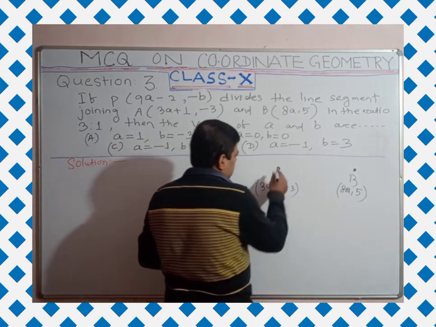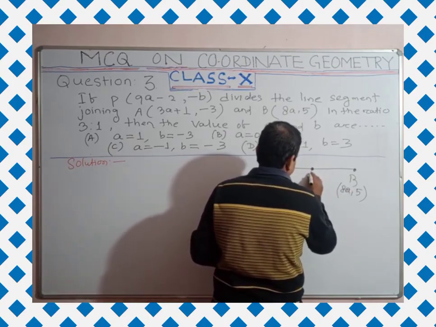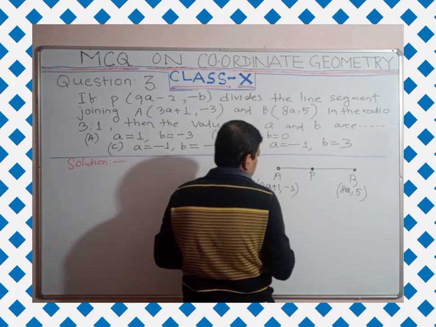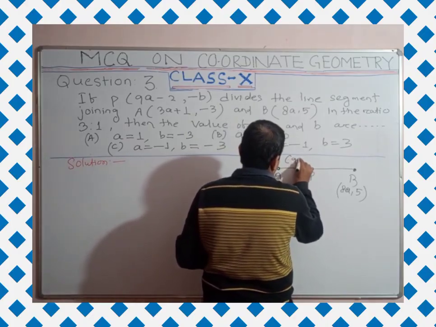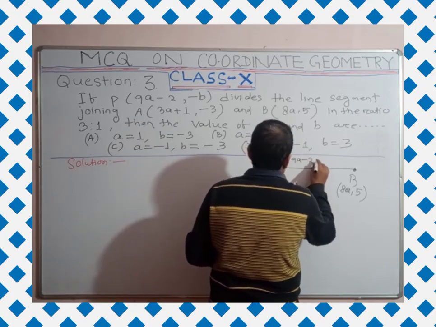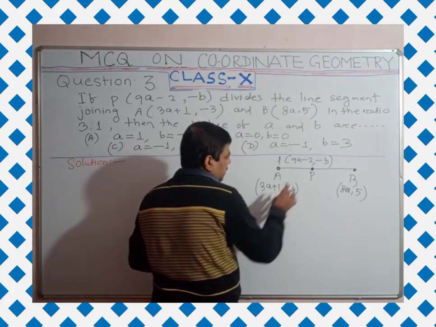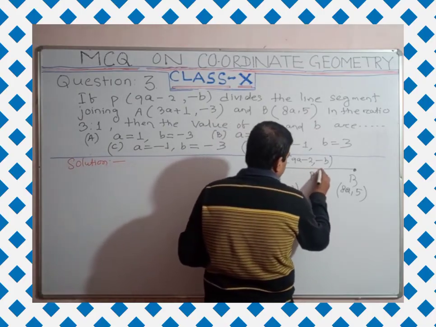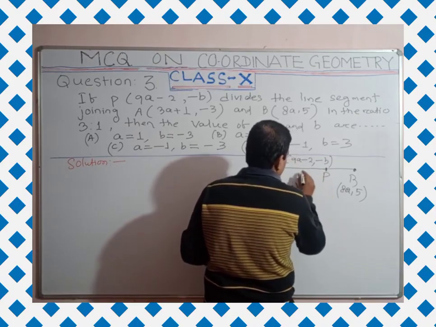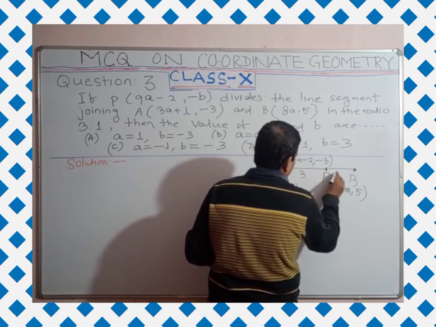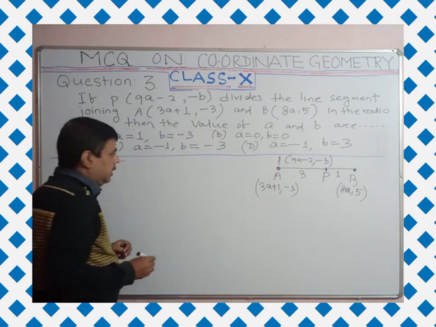And the point P, whose coordinate is given: x coordinate 9a minus 2 and y coordinate minus b, divides the line segment in the ratio 3:1. Let's find the values of a and b.